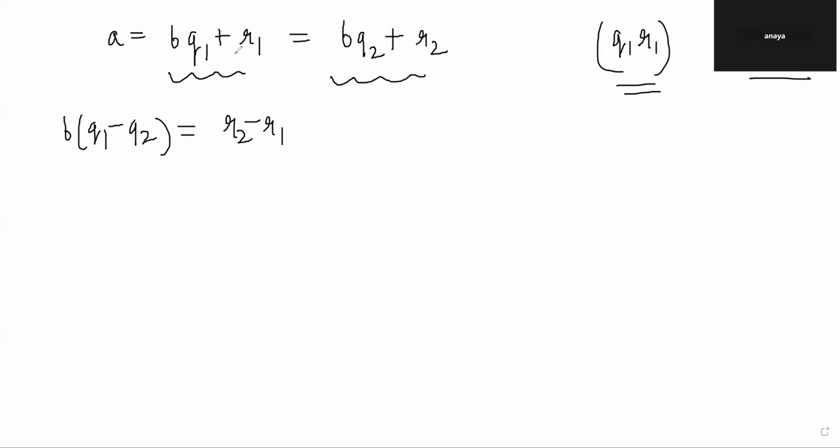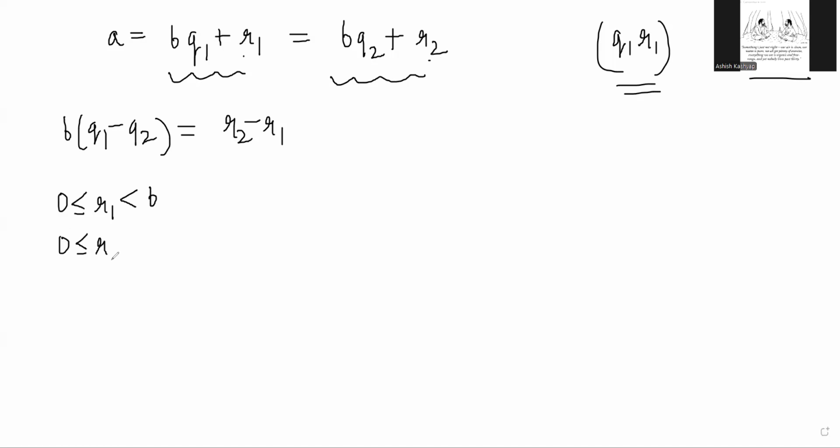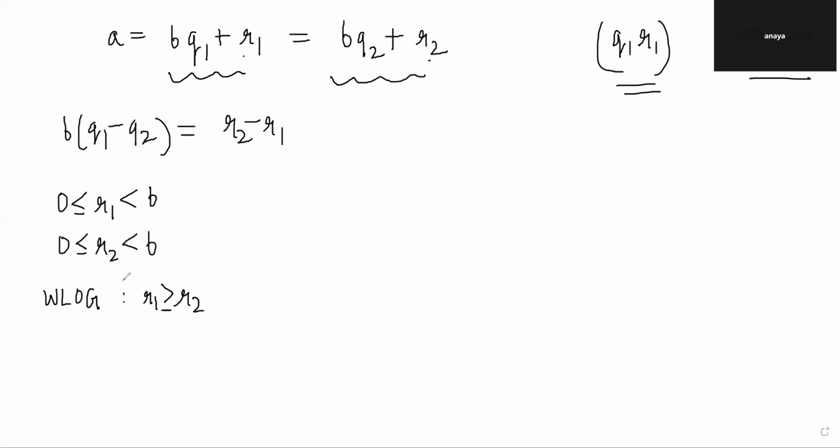And since both of them are supposed to be remainders, we know that 0 is less than or equal to r1 is less than b, and we also know 0 is less than or equal to r2 is less than b, right? We can assume without any loss of generality that, let's say, r1 is greater than r2. It could be either way, doesn't matter.